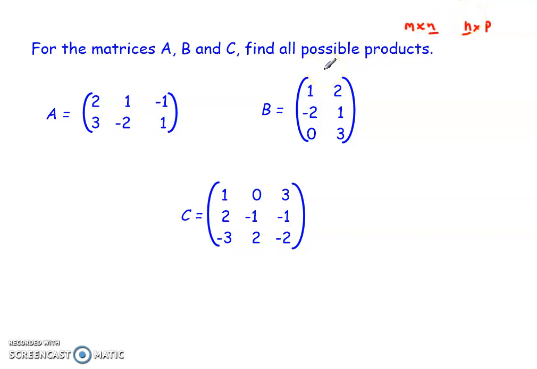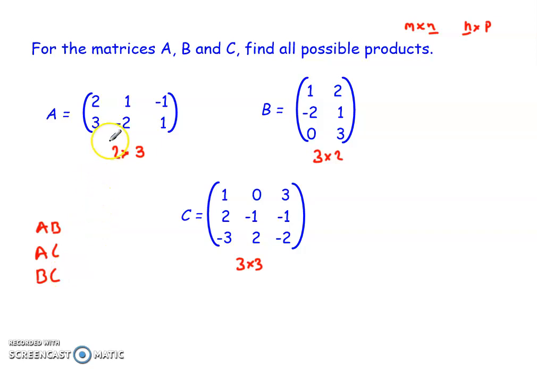So if I look at each of these and just look at the dimensions of them, A is a 2 by 3 matrix, B is a 3 by 2 matrix, and C is a 3 by 3 matrix. So if I then start to look at all the possible products, I can do AB, AC, and BC. If I just assume they all worked, they are the three calculations I could do.